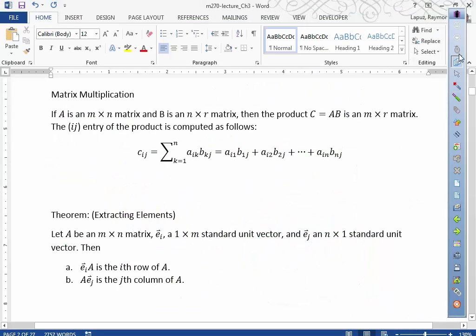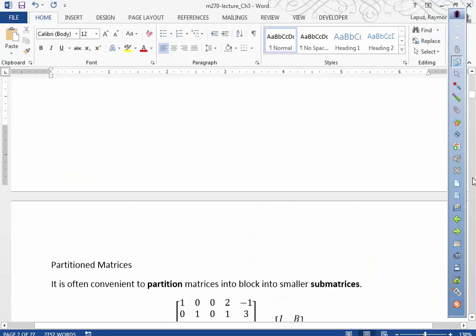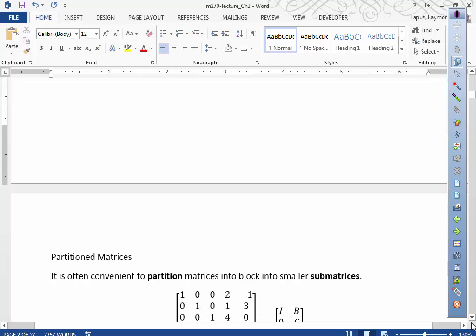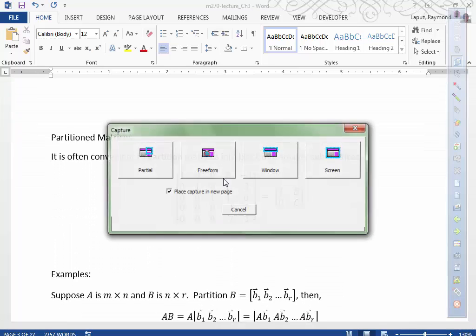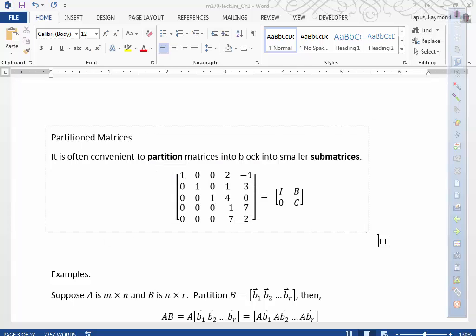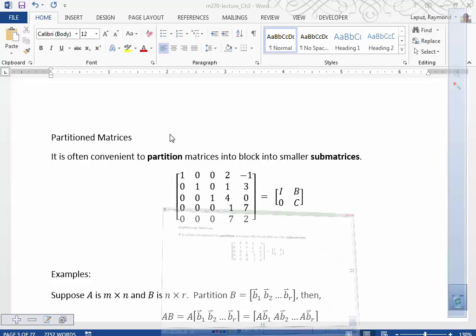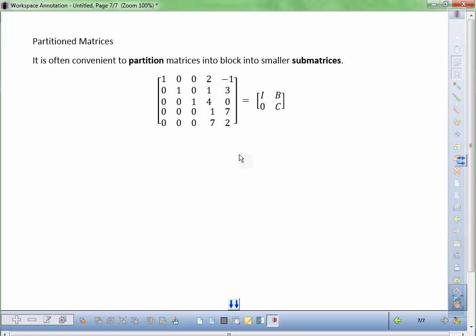More about matrices. These things are called partitioning a matrix. It says here it's often convenient to partition your matrix into blocks with smaller submatrices that might be easier to deal with.